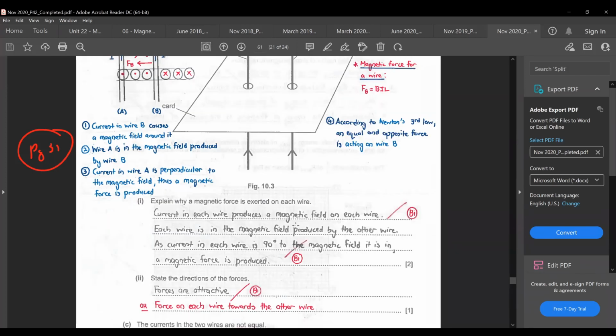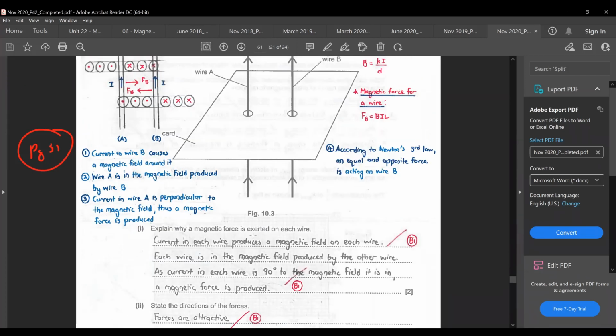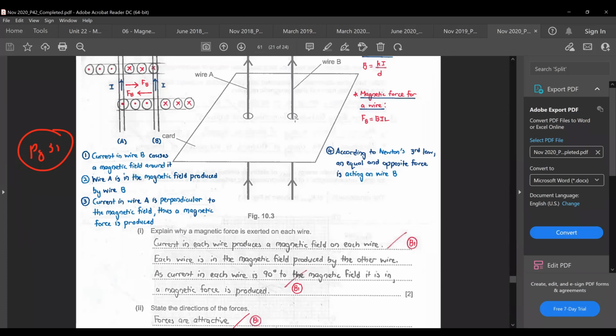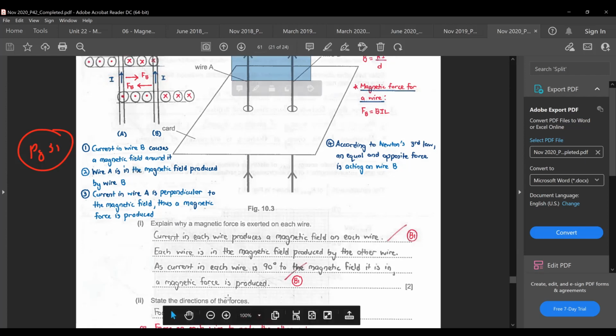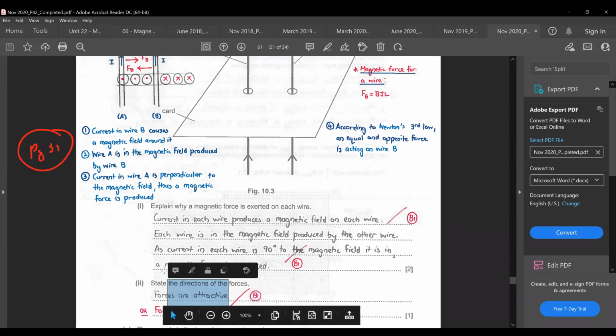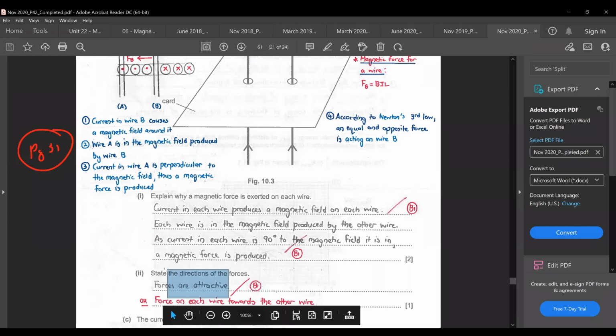Right, now let's take the directions of the forces. Since the direction of the current is the same, the forces ought to be attractive. Earlier when I taught you the parallel wires portion, I mentioned that if current is in the same direction, forces are attractive.